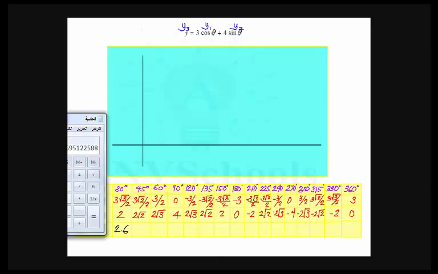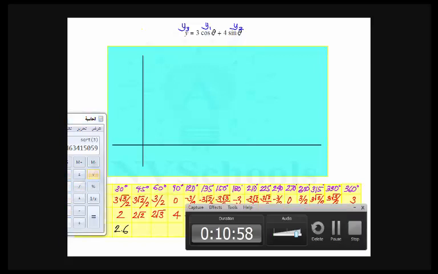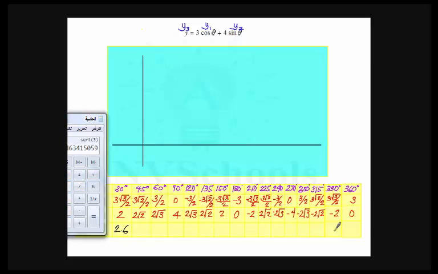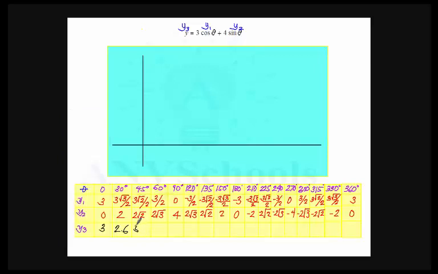And then we have 3 square root of 2 over 2, which is 2.12, plus 2 square root of 2, so 2 times square root of 2. So it's 4.9497, approximately 5, let's say.